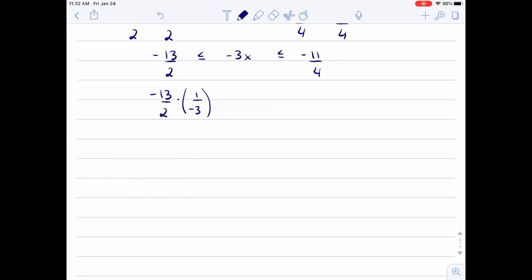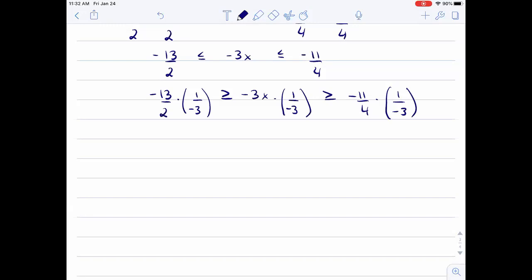Making sure that I switch the inequality. Negative 3x times 1 over negative 3 is greater than or equal to negative 11 over 4 times 1 over negative 3.